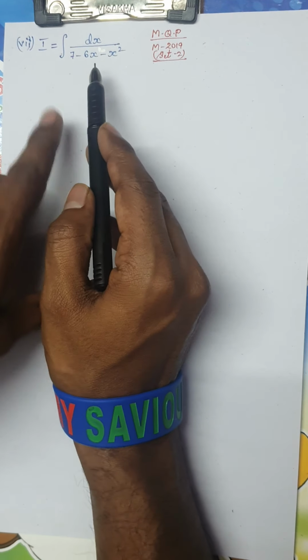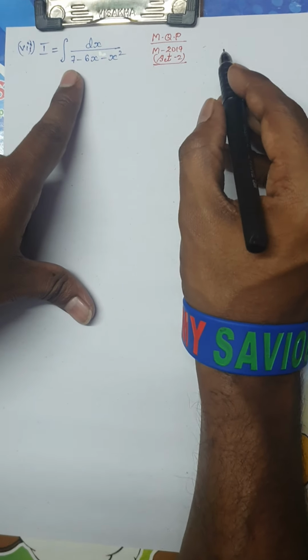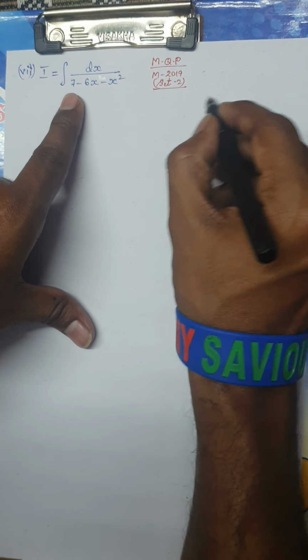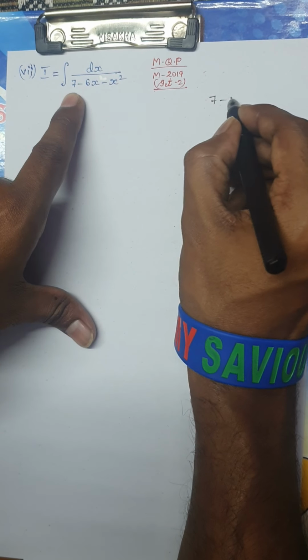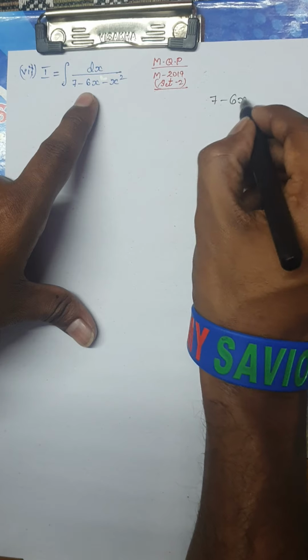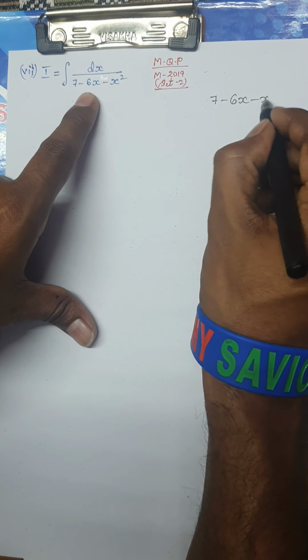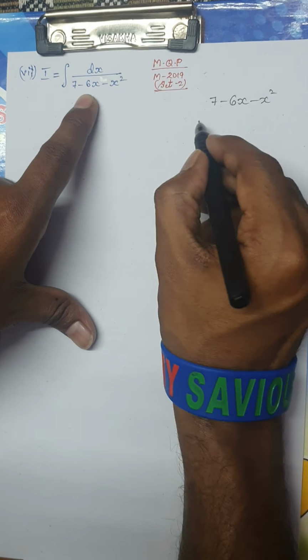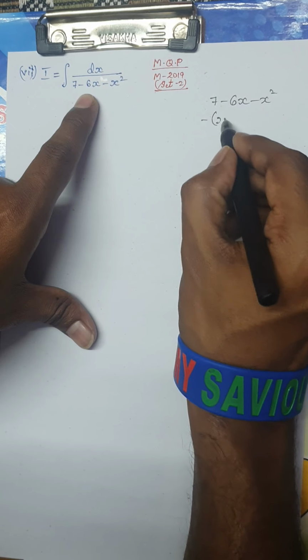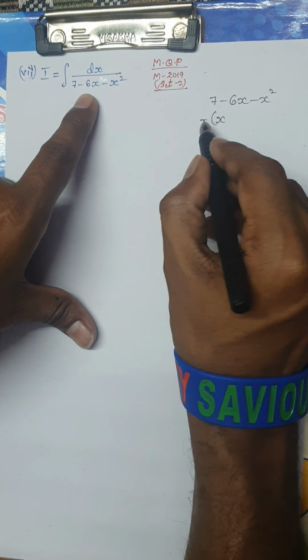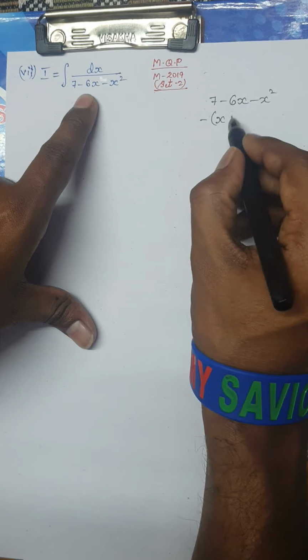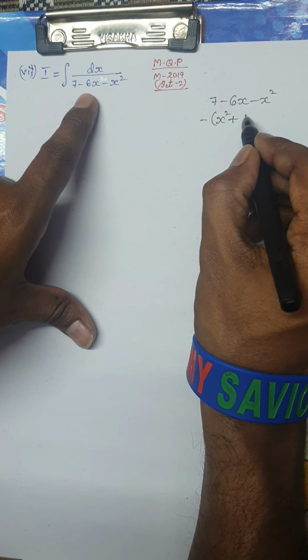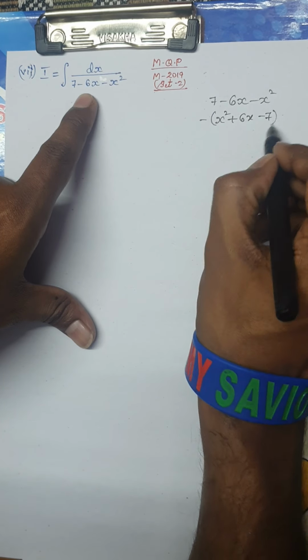Now as I told you, we have to use the completing the square method for this. Let us see how we are going to use it. The expression I have is 7 minus 6x minus x square. For my benefit, let me use the x square term first, so let me keep this minus, and if I take minus common, I'll get x square plus 6x minus 7.